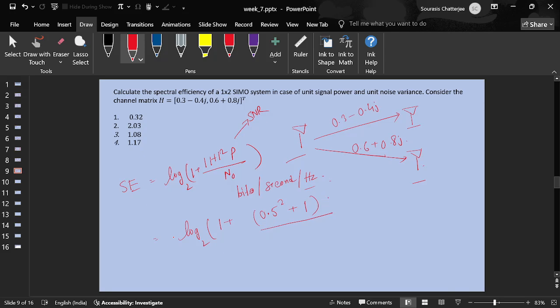P is given as unit signal power, noise variance is also given as 1, N naught is 1. So it's log base 2 of 1 plus 1.25, that is log base 2 of 2.25.